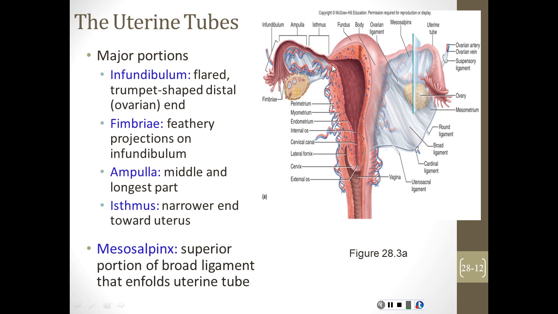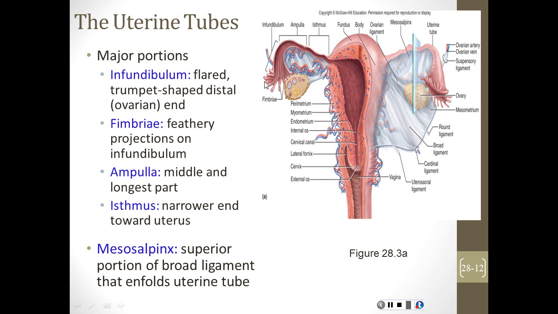From the side that's closer to the uterus, we have our isthmus, which is the narrow end. Then we have the longest portion in the middle, our ampulla. Then it starts to extend out, looking like a trumpet, which is our infundibulum. And at the end of the infundibulum, we have these projections called the fimbriae.